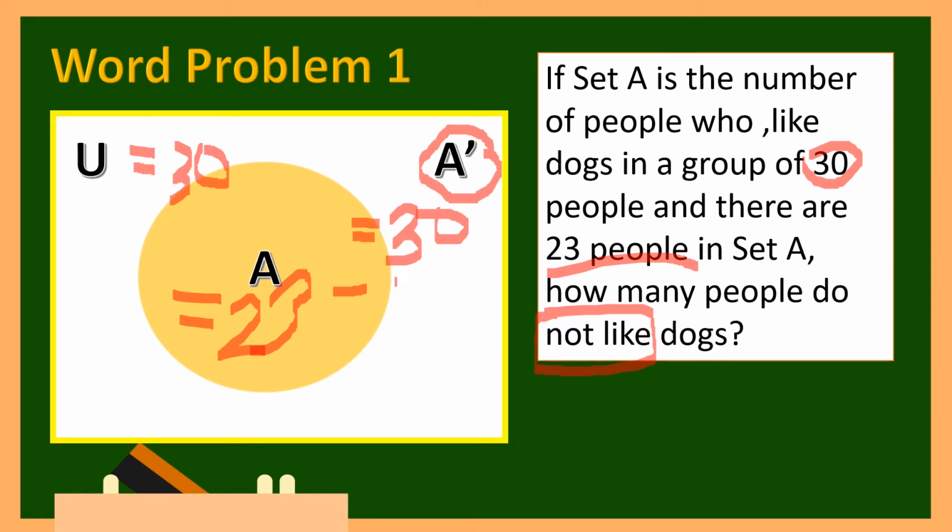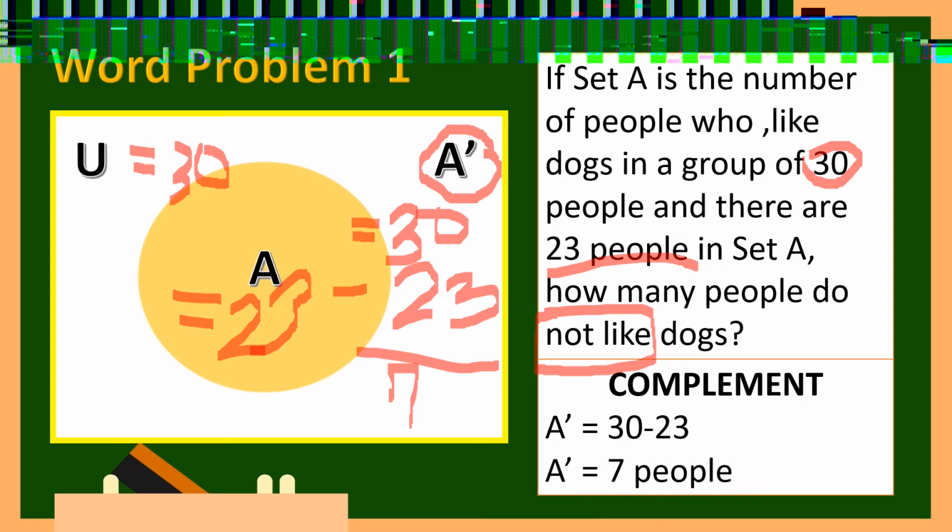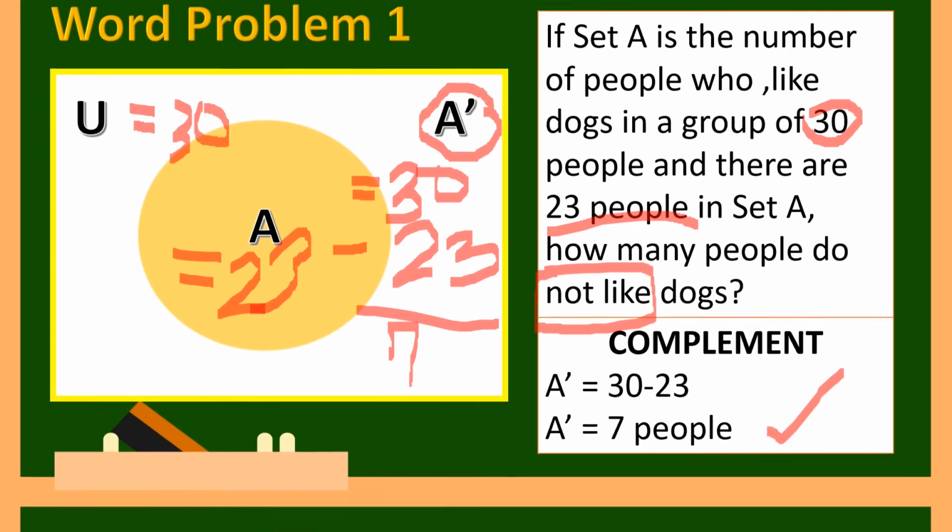Sa 23. Why? Since ang total natin sa universal set is 30 and ang gusto ng dog is 23, so simply ang ating A' or A complement is equal to 7. Kaya 30 minus 23 is equal to 7 people. Ganun lang po kasimple.